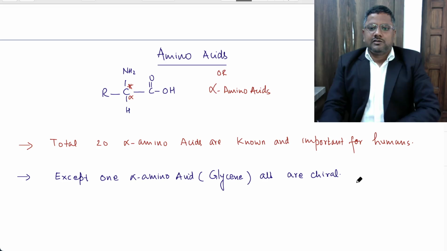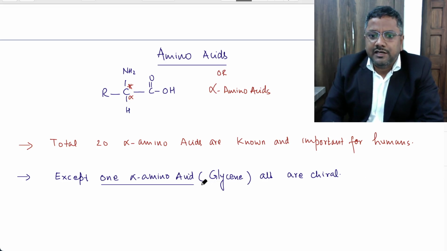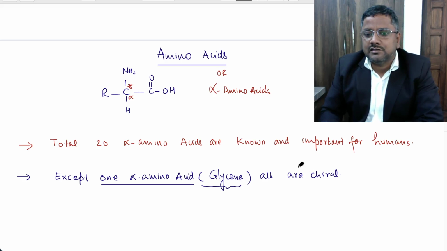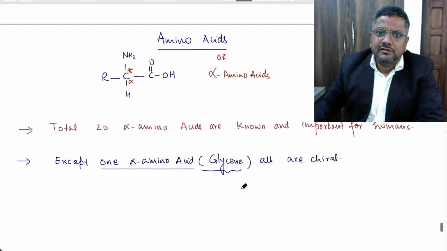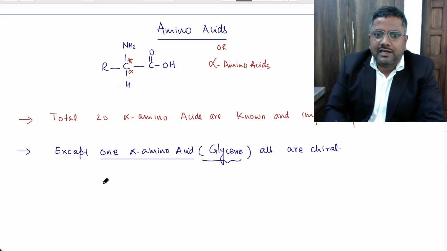So only one alpha amino acid, glycine, is achiral. Rest are chiral. So what should be the structure of glycine? The glycine is basically CH2, NH2, COOH.